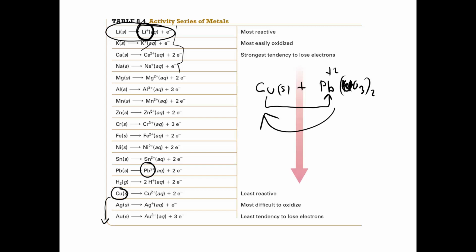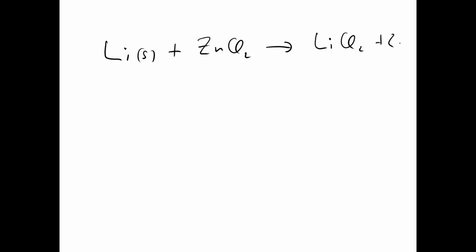Or anything lower. Let's take zinc, for example, here, right? So we're going to have lithium react with zinc chloride to form lithium chloride and zinc solid.